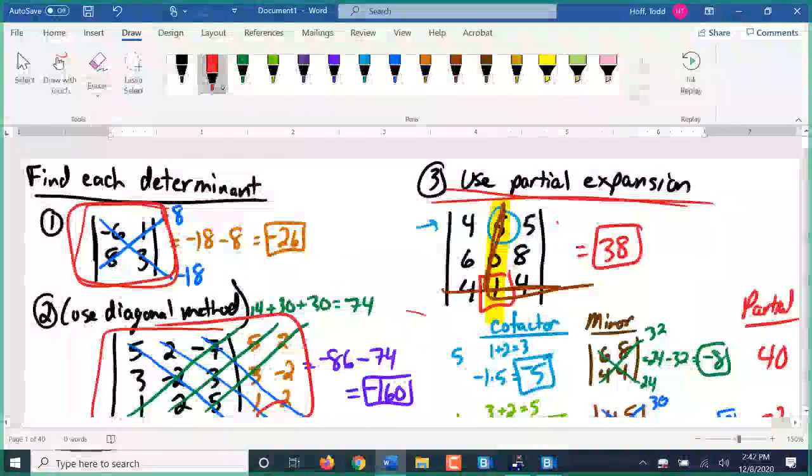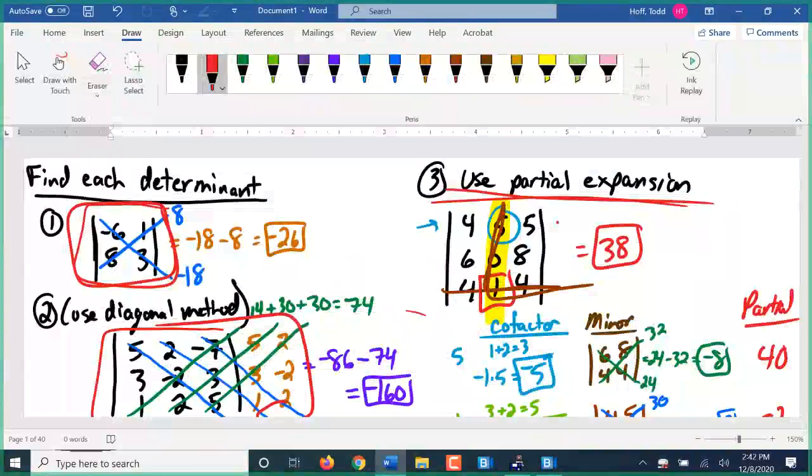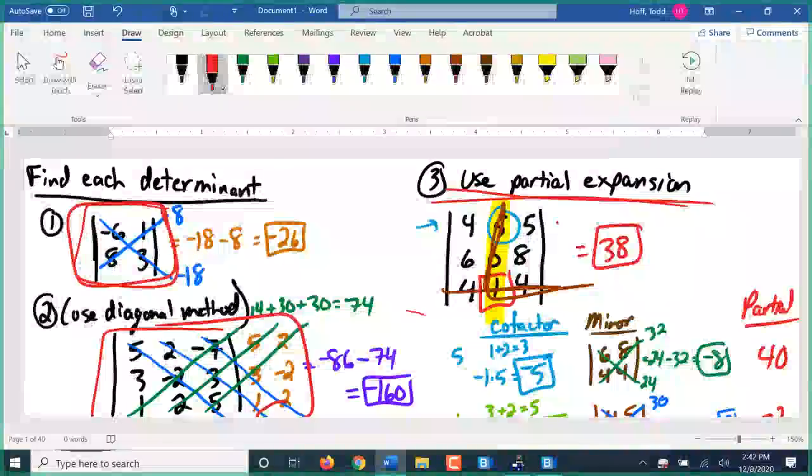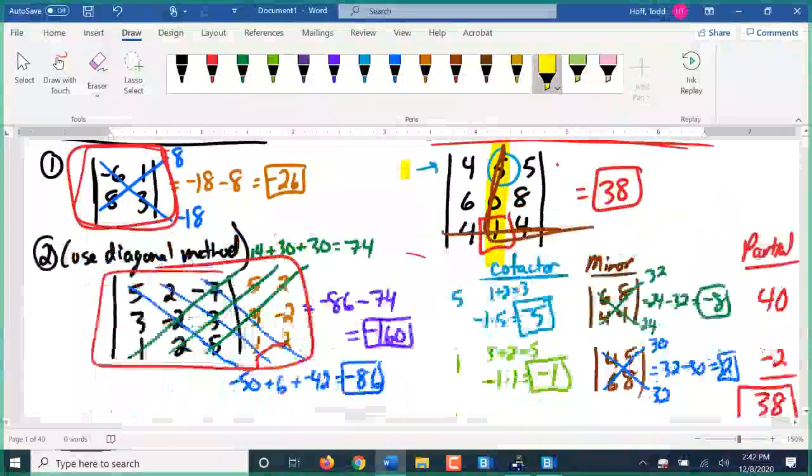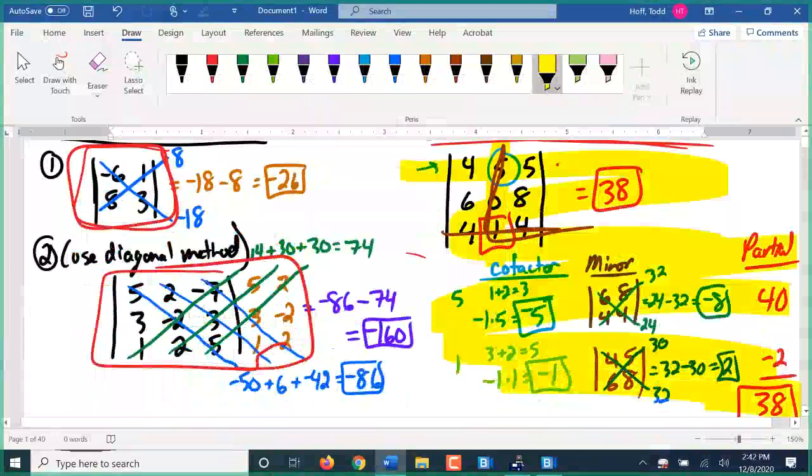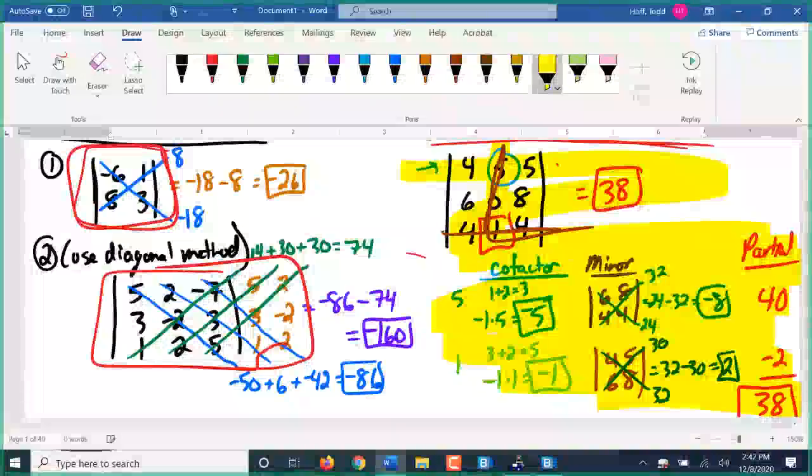We'll get the same answer. And we can always use either method with any 3x3 matrix. The main reason I show you the partial expansion here is because for any matrix larger than 3x3, that is the only way we can do it. We have to expand it into partials.